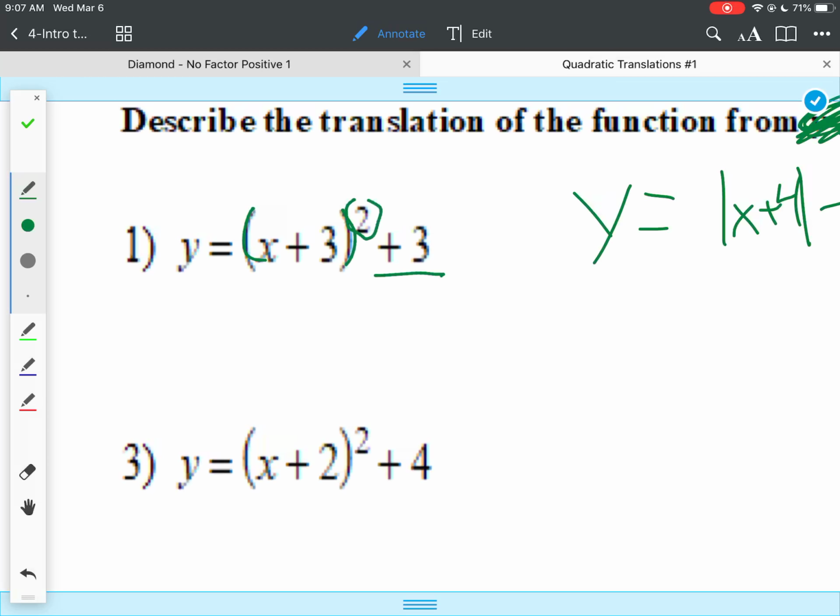This squared is just part of the formula. That will never be any movement or anything. Okay, so please do not use the 2 in the exponent as any movements.